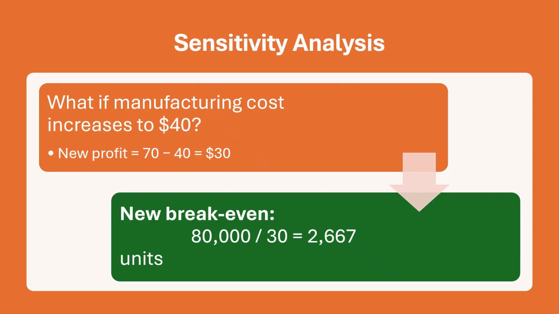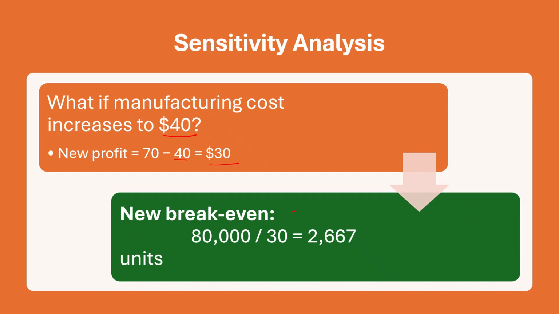What happens if the manufacturing cost rises from $32 to $40 due to the supply chain shortage? Now the profit per unit becomes 70 minus 40, that is $30.